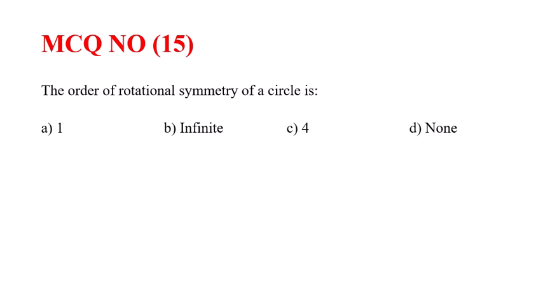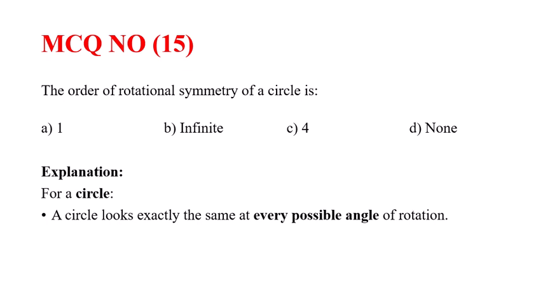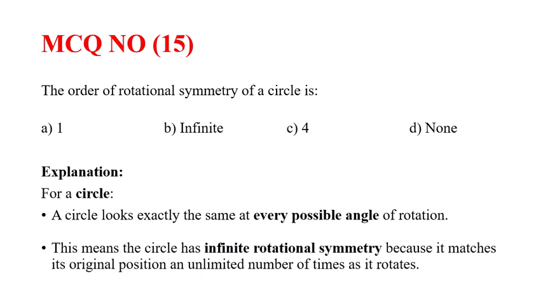MCQs number 15. The order of rotational symmetry of a circle is. The options are: A is 1, B is infinite, C is 4, and D is none. Explanation. A circle looks exactly the same at every possible angle of rotation.